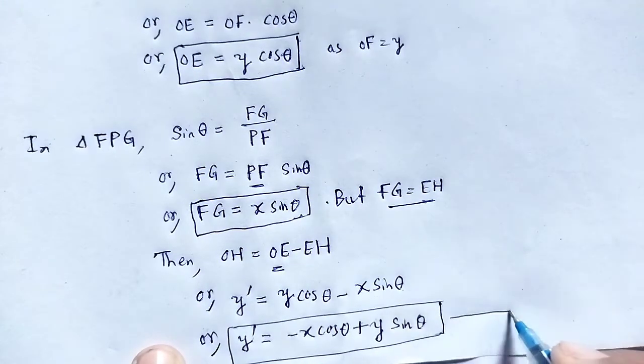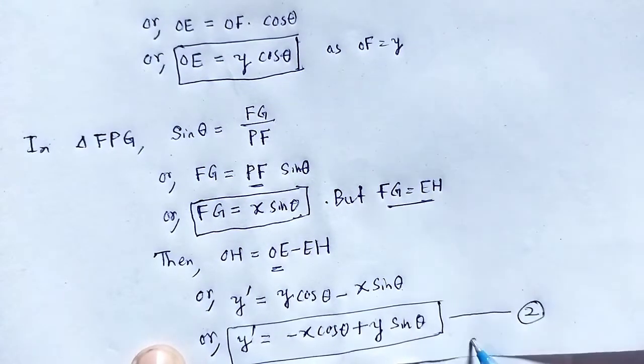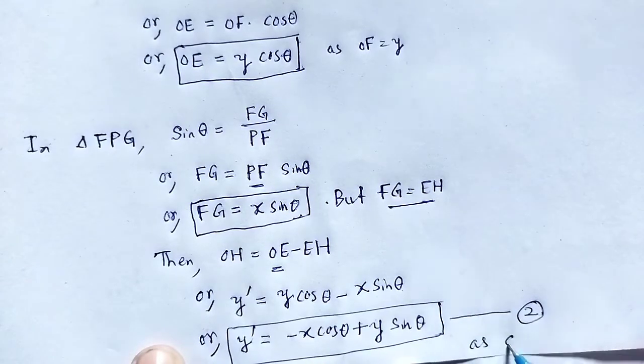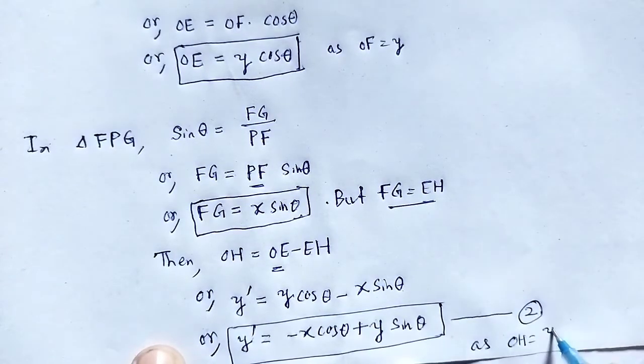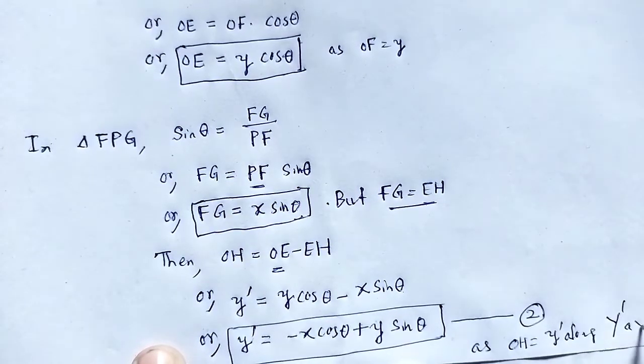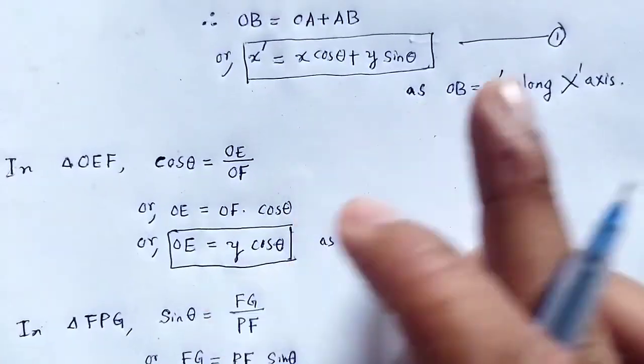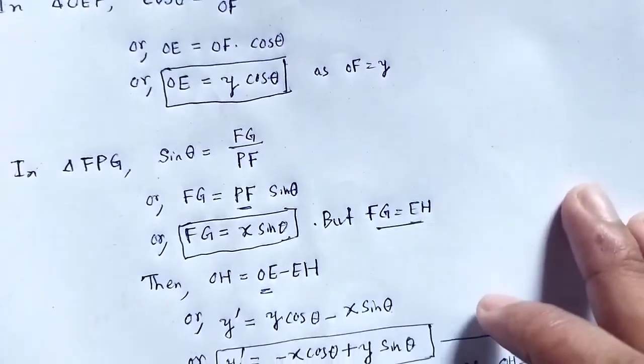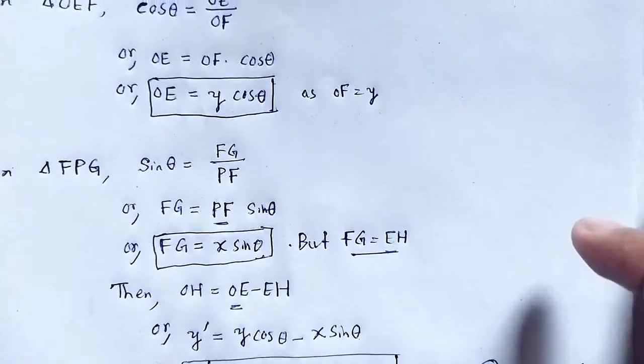This will be equation number 2, as OH is equal to Y dash along the Y dash axis. So we get X dash and Y dash.